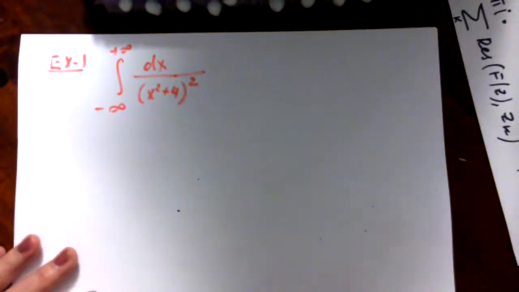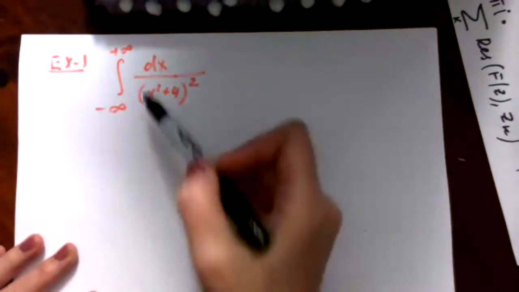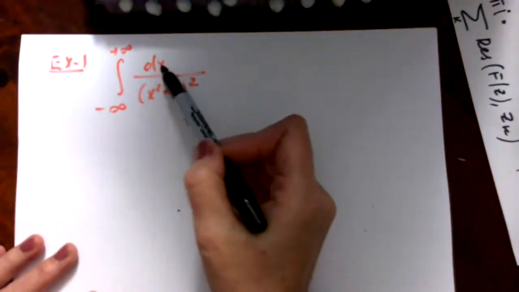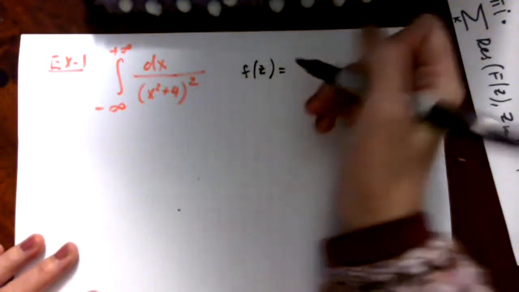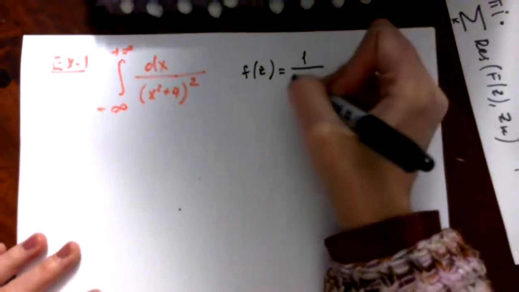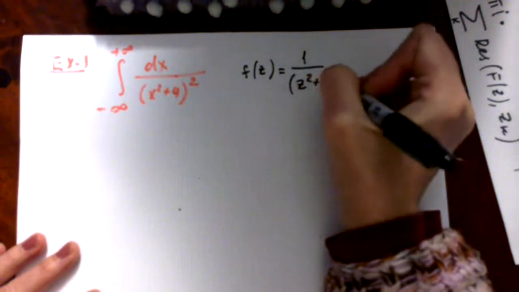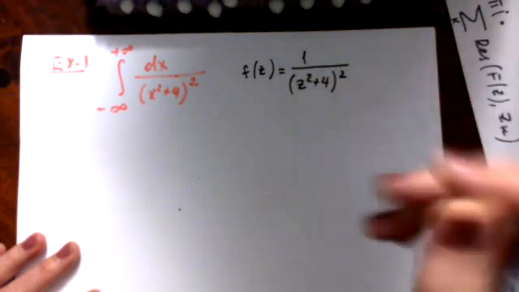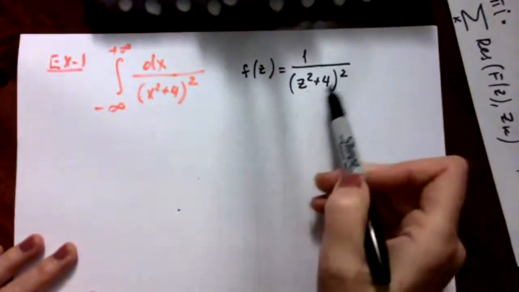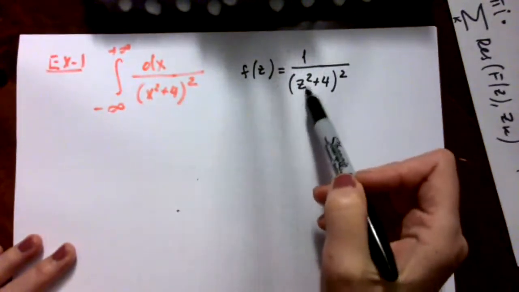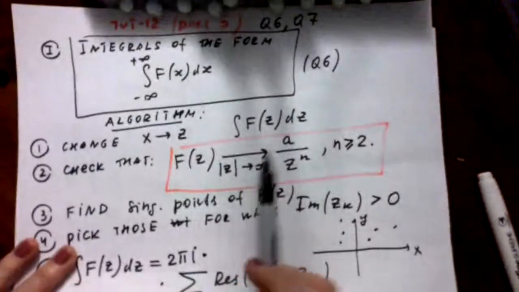According to the algorithm, what do we need to do? We need to change the letter x for the letter z. Let's do it. And we can immediately write our function of a complex variable this time. It will be z squared plus 4 squared, and all this in the denominator. So what next? According to our algorithm, we should assess the behavior of our function. This is step 2, which was just discussed before.